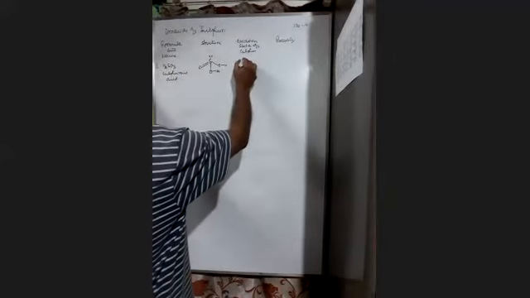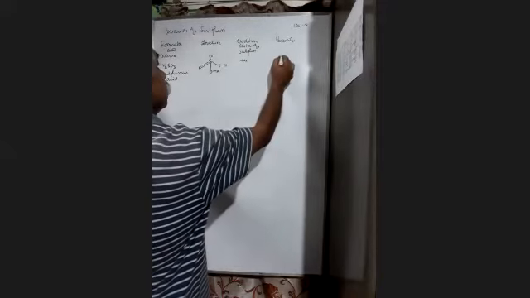So 2 plus 2 is 4, 4 plus 2 is 6. What is the oxidation state of sulfur here? Plus 4. What is the basicity? Only the oxygen hydrogen bond breaks and gives H plus ion. How many are there? 2. Basicity means number of hydrogens given in the solution. So 2.